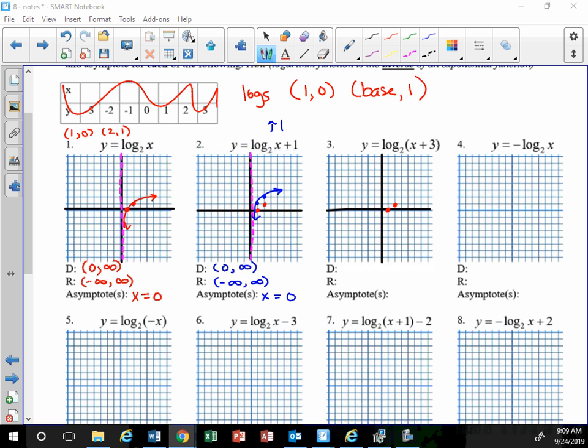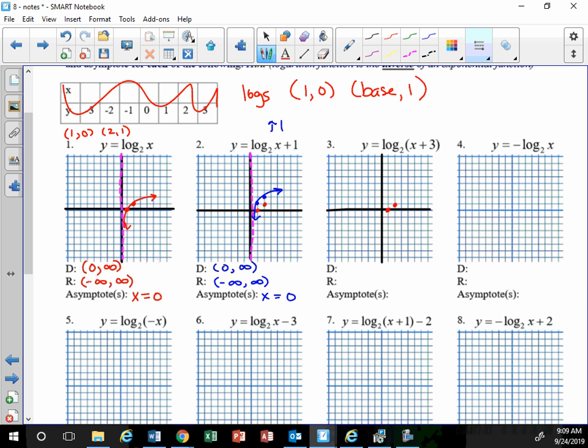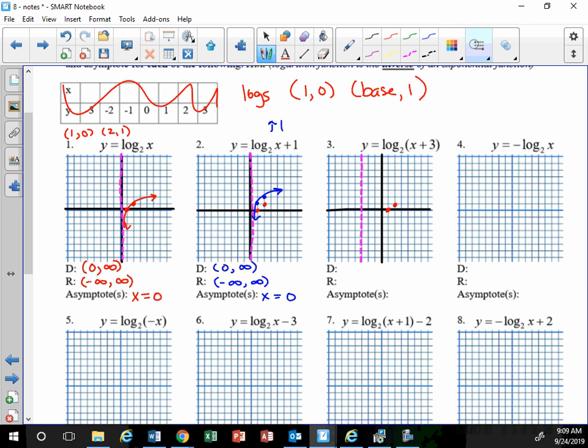All right, guys, let's look at it. So what's happening on this one? Which way is it going? Left. Yeah, left 3, right? So my asymptote, 1, 2, 3, ends up over here. And the points, 1, 2, 3, 3.